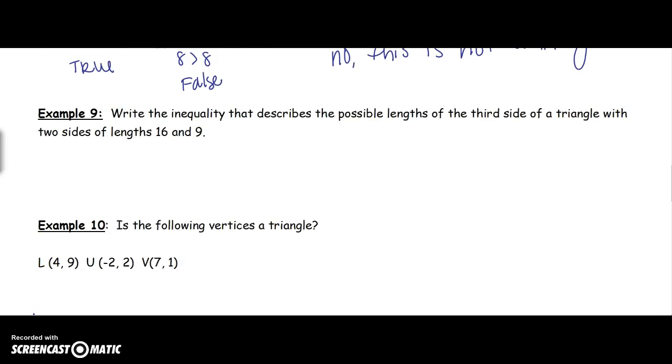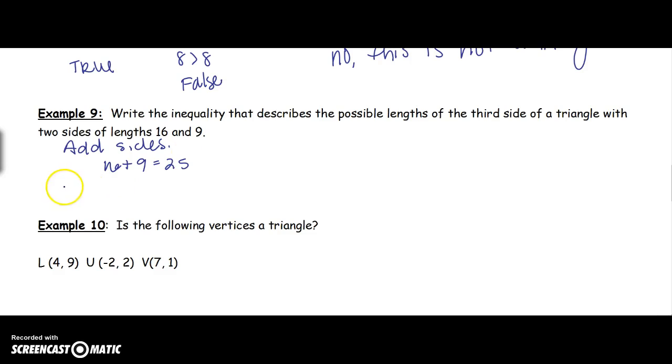The next example says write an inequality that describes the possible length of the third side of a triangle with two side lengths of 16 and 9. This is actually pretty simple. All you're going to do is add the sides. If you add the sides, you have 16 plus 9, and you get 25.